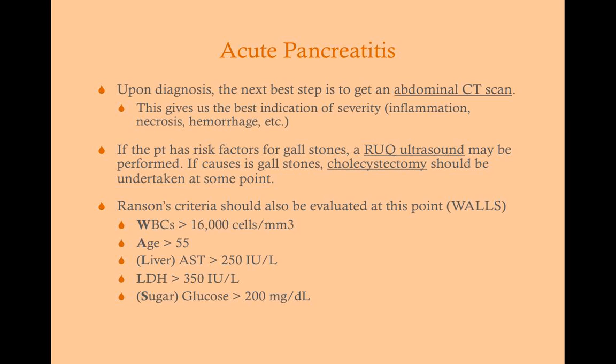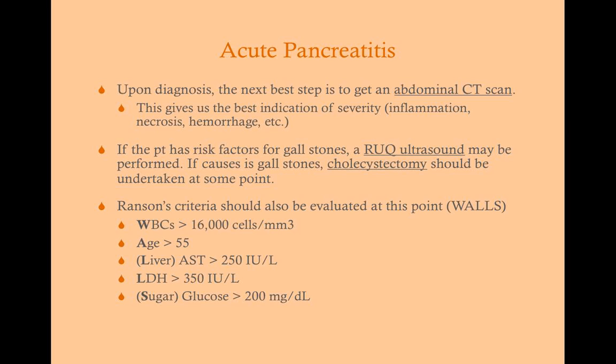Now, as I mentioned, the best way to indicate the severity of acute pancreatitis is with an abdominal CT scan. There is another way that's been used much longer to evaluate acute pancreatitis and its severity, and that's called Ranson's criteria. Ranson's criteria is a set of 11 different criteria, and they are correlated with the survivability of the episode.